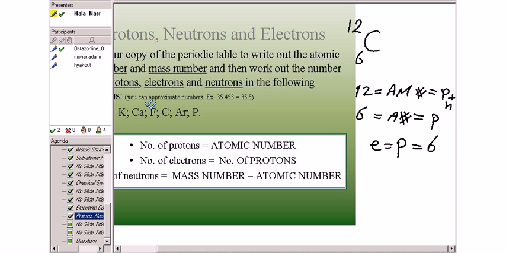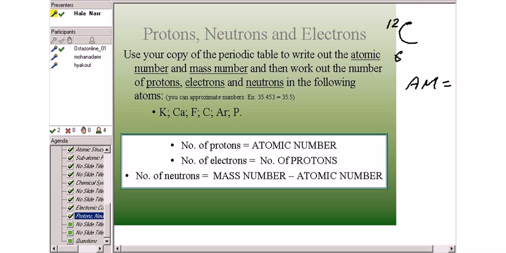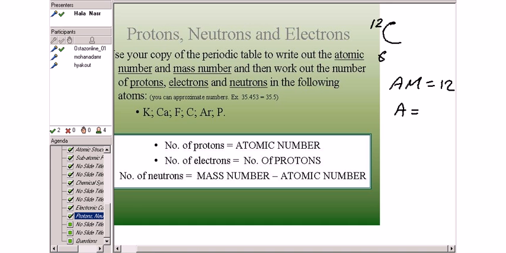All right. Perfect. Based on this, can you tell me the number of neutrons in here? I'll write it down again, sorry. In here I have carbon 6 and 12. As you said, the atomic mass number equals 12 and the atomic number equals 6. The number of protons is 6 as well.